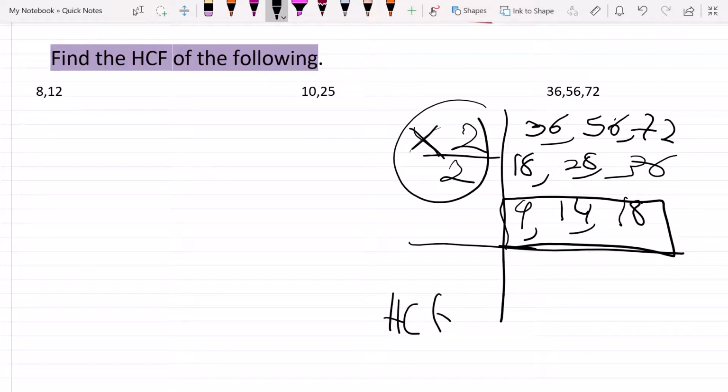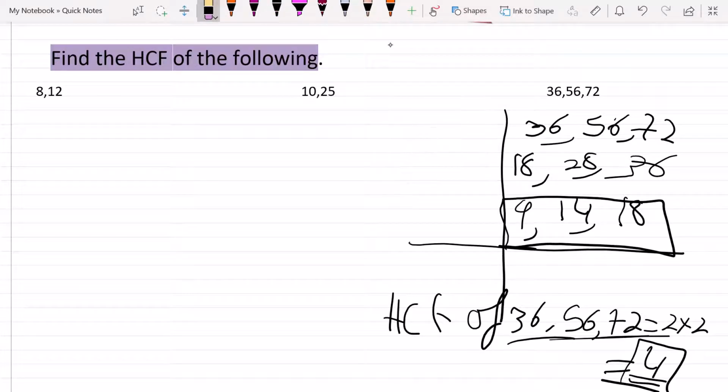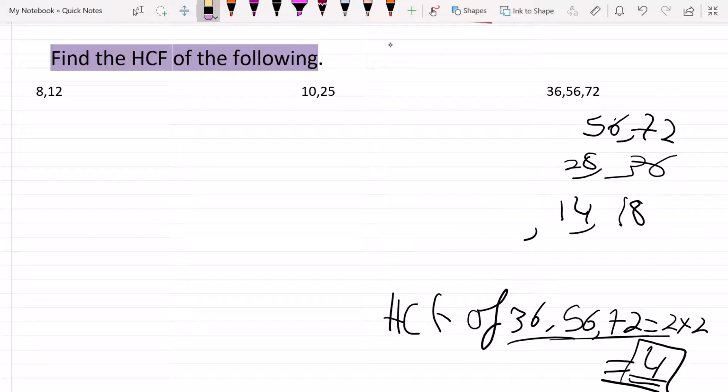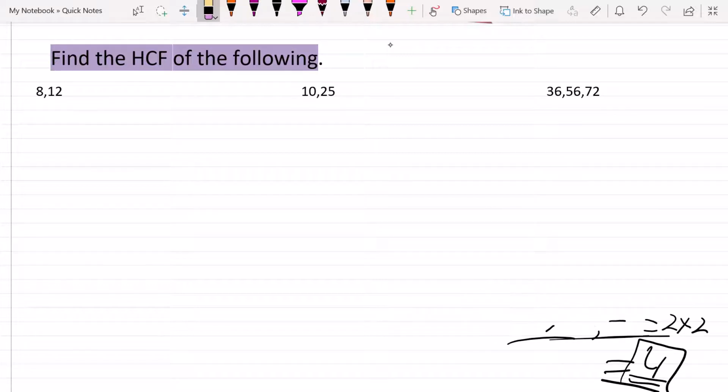You will write HCF of 36, 56, and 72 is equal to 2 multiplied by 2, which is 4. This is the HCF of 36, 56, and 72. Great. This was our last example for finding the HCF. Now we'll move into finding the LCM of the following examples.